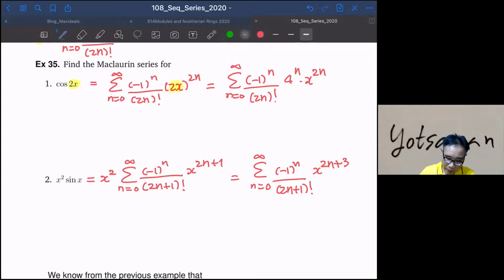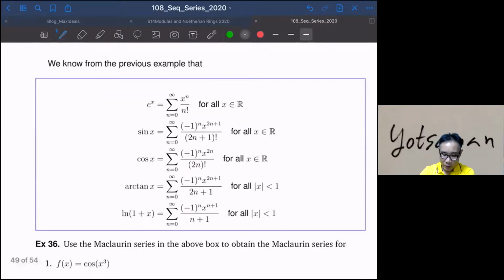Let me give you more examples for number 3. How about if I ask you what is sine x times cos x? You're going to think, hey, can we just multiply these two guys? You can actually, if you multiply these two guys.